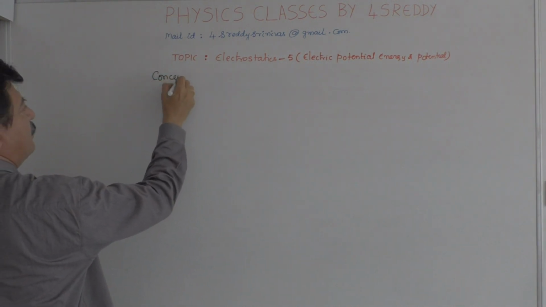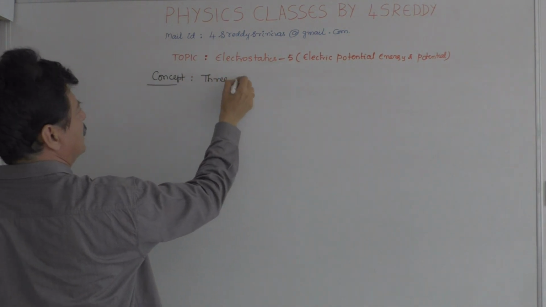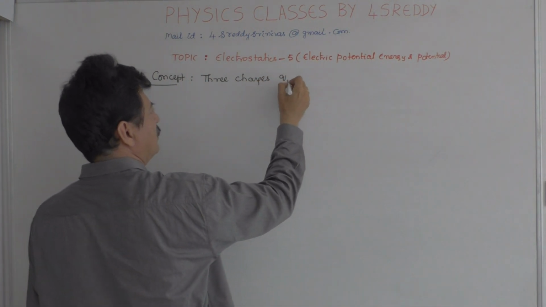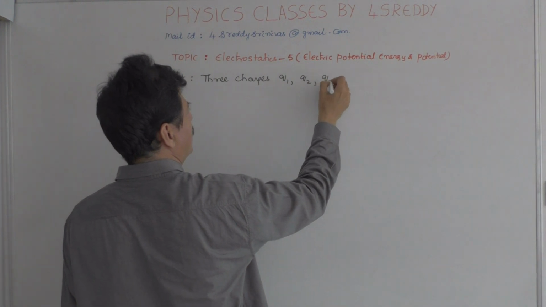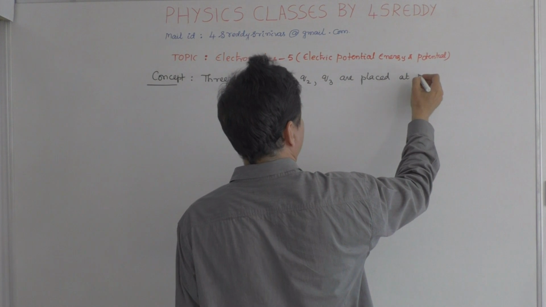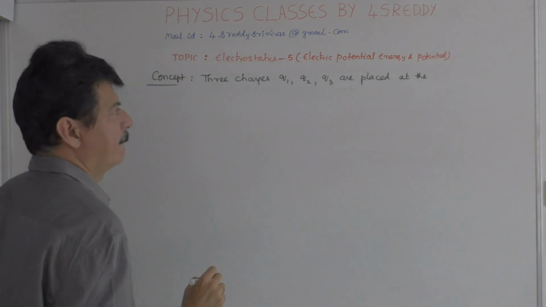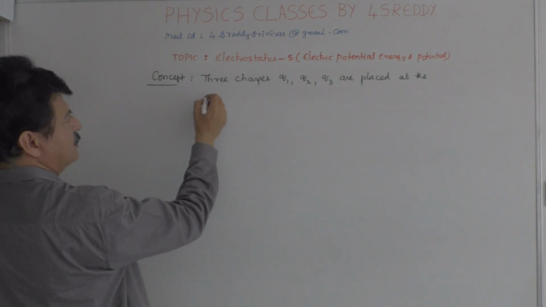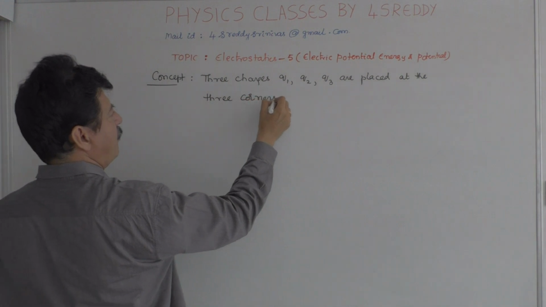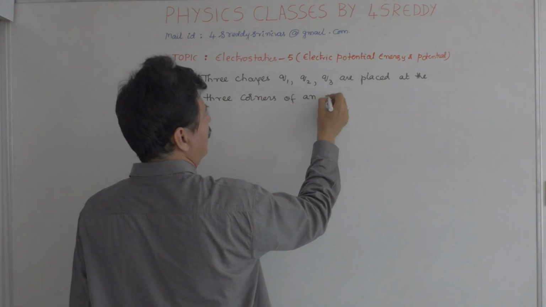And the concept here also will be given that 3 charges Q1, Q2, Q3 are placed at the 3 corners of an equilateral triangle.